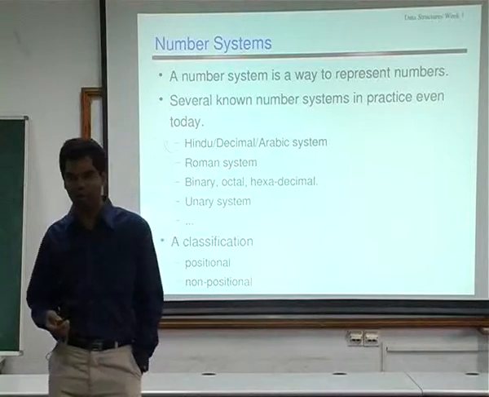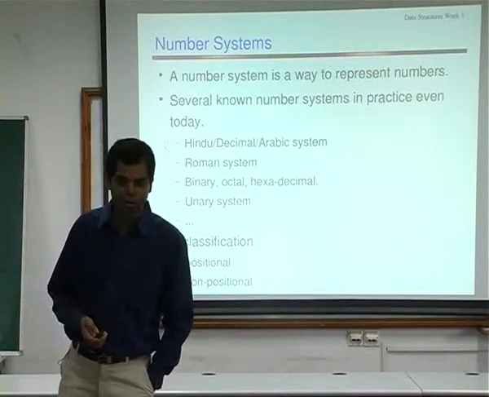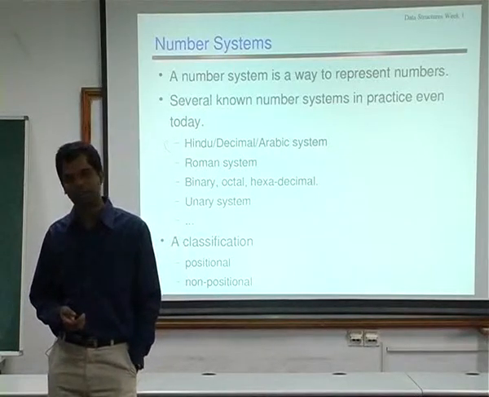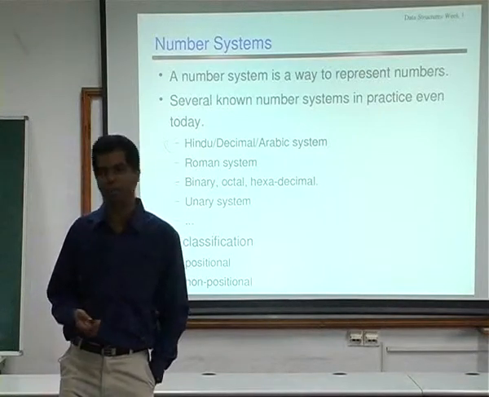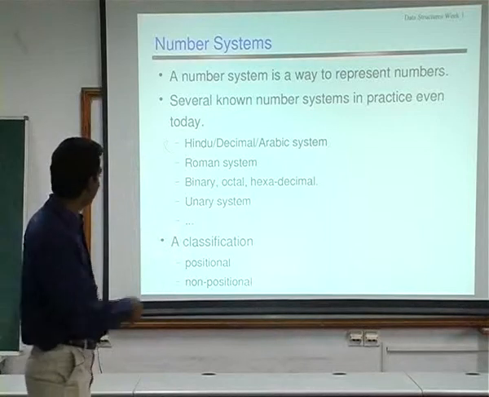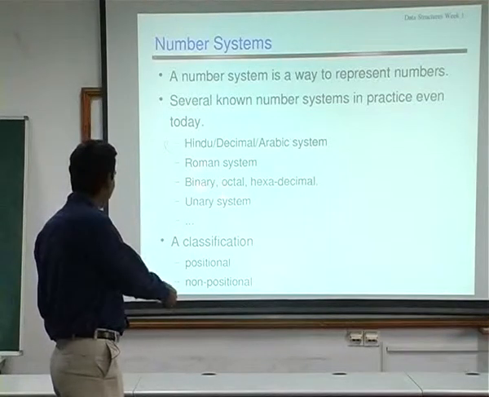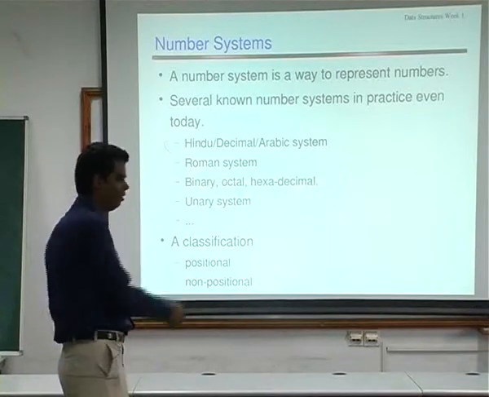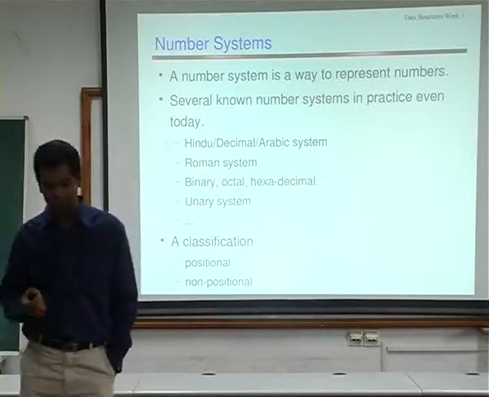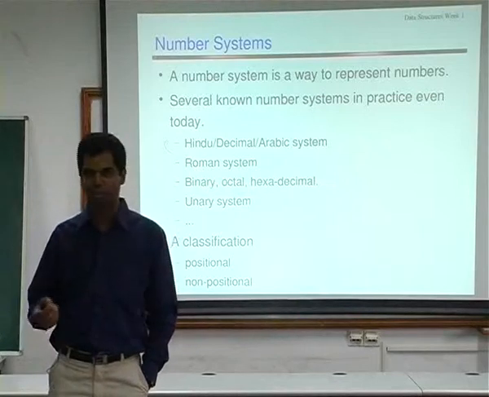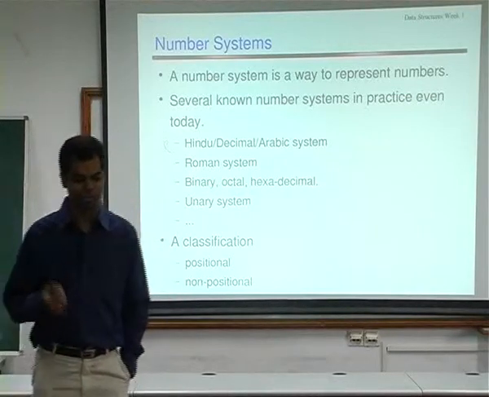Many of us don't really relate to this, but it was popular at one point. This is called the Roman system, where you do not have any particular positional weights attached to positions, but you have a particular way of writing numbers. We'll see shortly. As computer scientists, we are more familiar with binary, octal, hexadecimal, these kinds of number systems, possibly because computers understand 0, 1 better than decimal numbers.